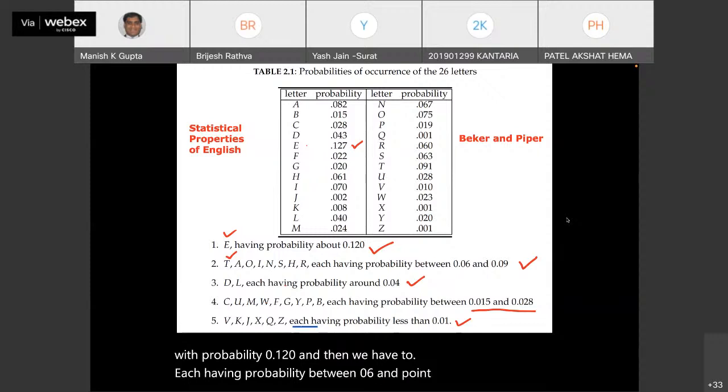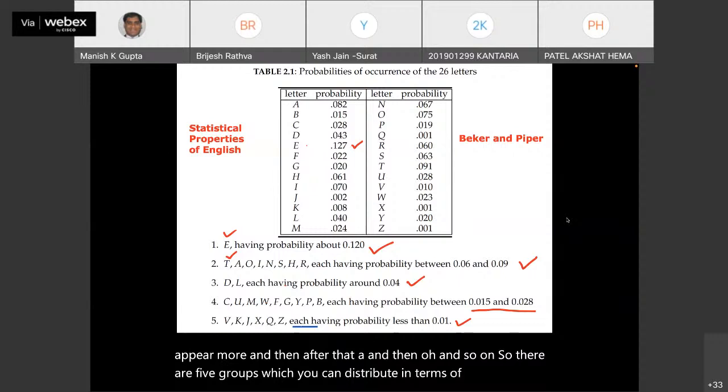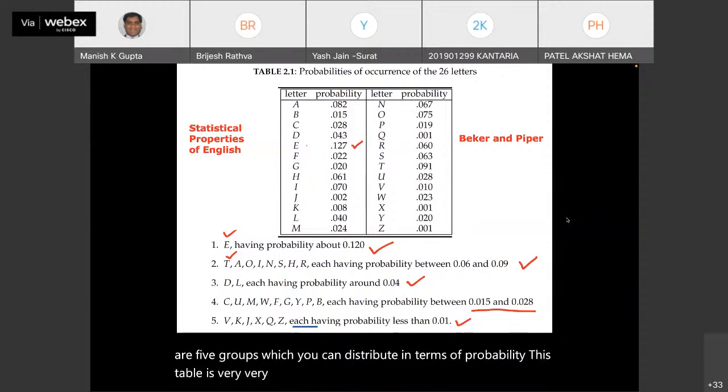Of course, T will appear more, and then after that A, and then O, and so on. There are 5 groups which you can distribute in terms of probability. This table is very, very important, so I will refer to it frequently as table 2.1, or the Baker and Piper table.